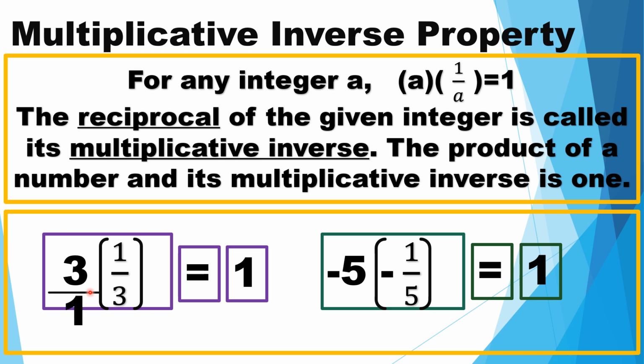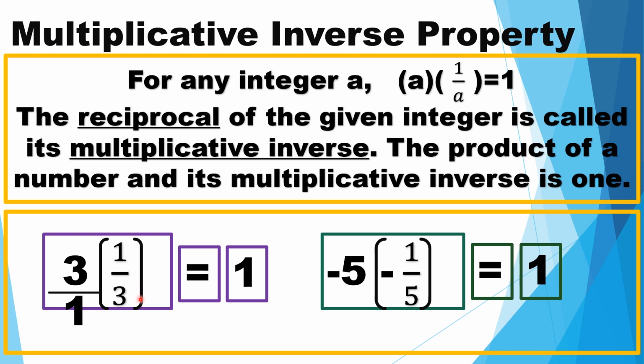So, yung denominator ng 3 is 1. Then, reciprocal niya. I-change natin to the opposite position. Yung numerator naging denominator. Yung denominator naging numerator. Kaya yung reciprocal or yung multiplicative inverse ng 3 is 1/3.